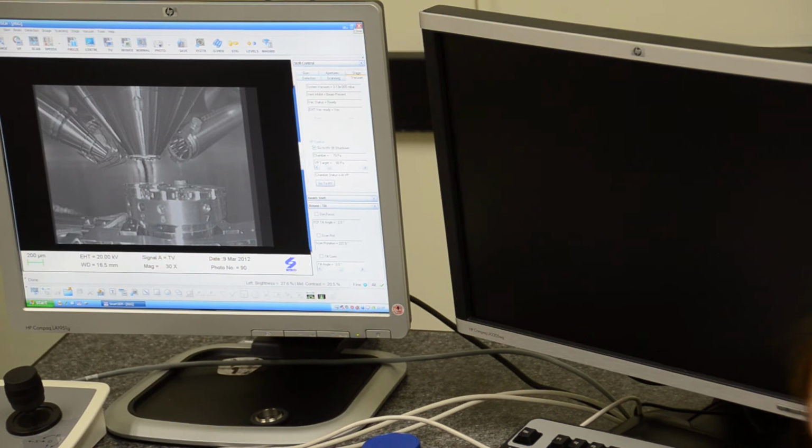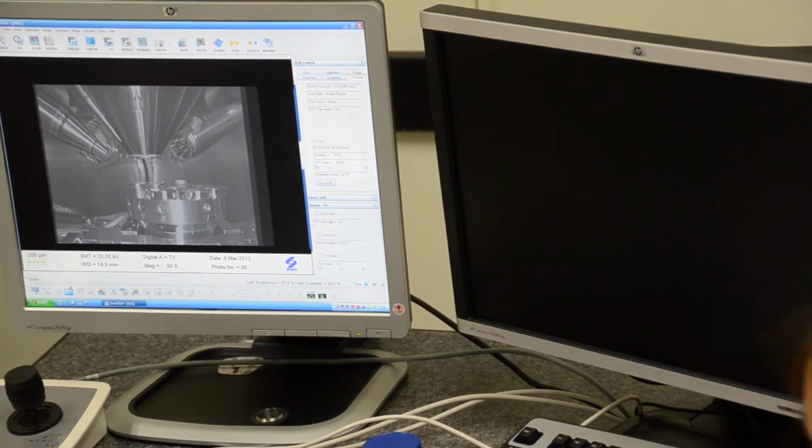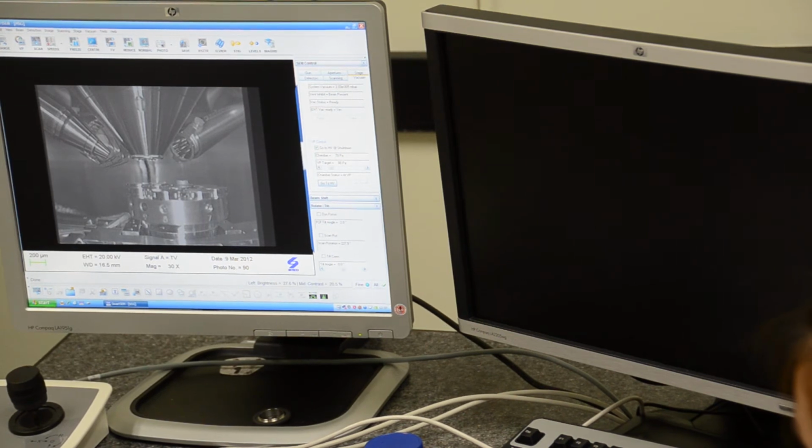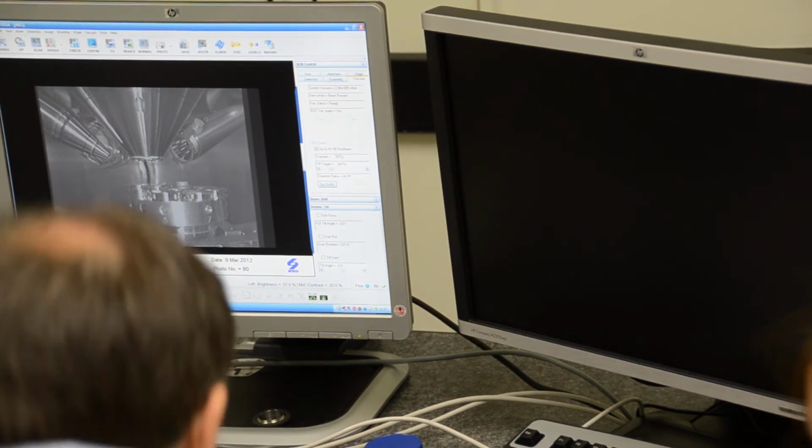So this is the primary electron that hits the sample, and it generates the SE1 signal, which is very weak. This is an SE detector that has the cage, so you can attract them and the beam detects them.